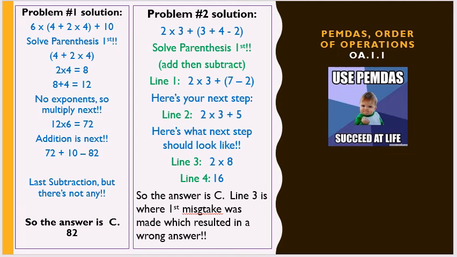That's still correct. So here's what your next step should look like. 2 times 8. And then the correct answer would have been 16. So when you look at your original problem, C is the correct answer. Line 3 is where the first mistake was made, which then resulted in a wrong answer.